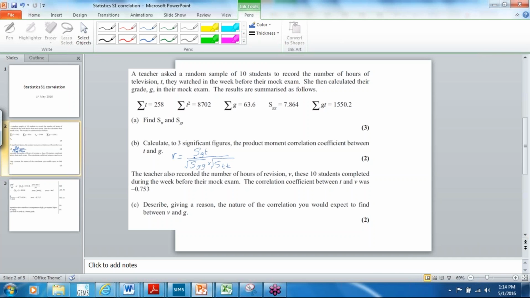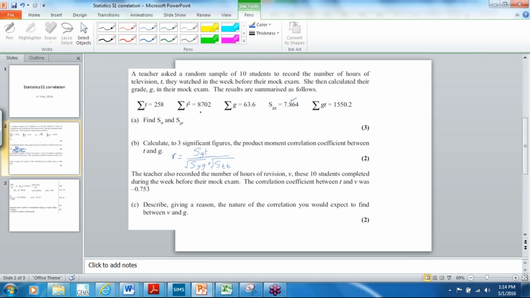And that will give us our correlation coefficient, whether it be positive or negative. So we're told S of GG. We already know this number here. We need to find S of TT and S of GT, which are the covariances for TT and GT, before we can calculate our R value.